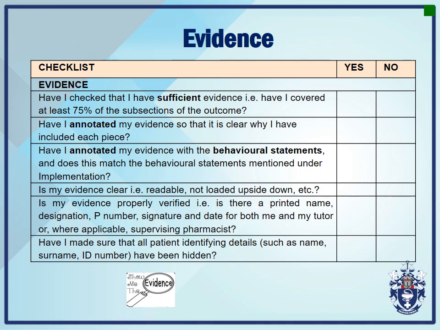So remember to look at your criteria for assessment on page 29 of your manual, which again provides information as to how you can get a full 3 marks. So description of what, where, when, and how, and the reference made to the evidence and link to the outcomes and the behaviors. In terms of your evidence, what will deem you to get a full 3 marks is that your evidence must be valid, it must be current, it must be sufficient, and it must be annotated.